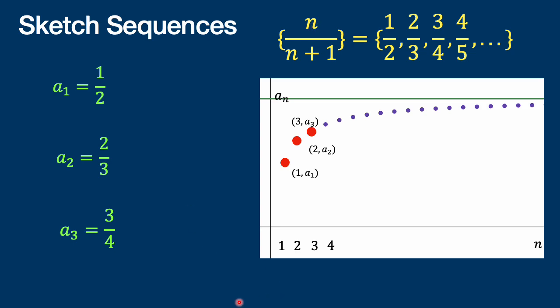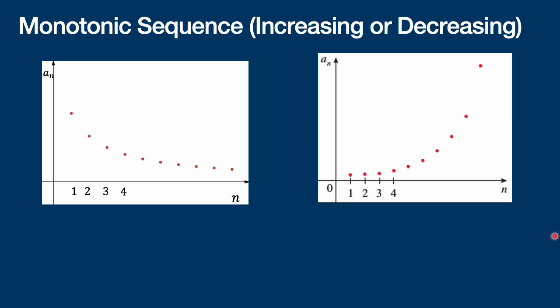So we're going to analyze the graph of a sequence, guys. First one is we want to look at a monotonic sequence. So it looks like an increasing or decreasing function. Let's see the left one. See the pattern of the sequence, guys. n equals 1, n equals 2, n equals 3, n equals 4: A1, A2, A3, A4.